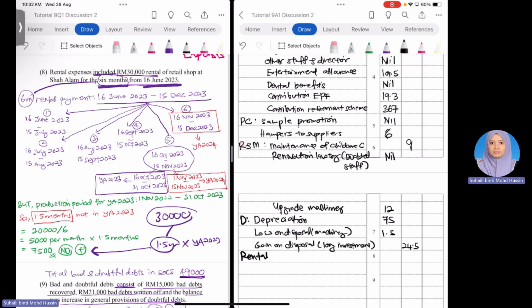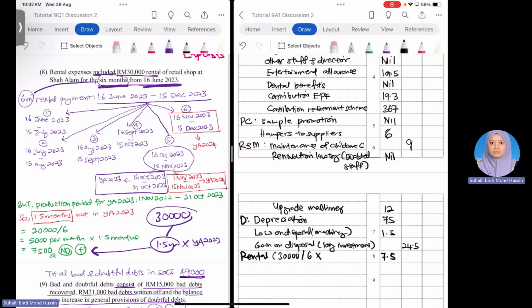Okay, so rental, we added back 7,500 ringgit. Later on when you see the base of the question, you don't have to draw like this. This one I just explain to you. So later on you just make it like this: 30,000 times for 6 months.